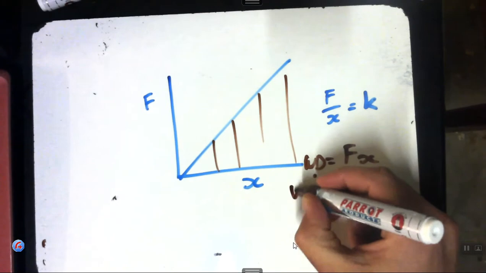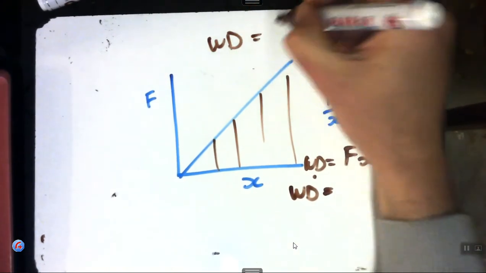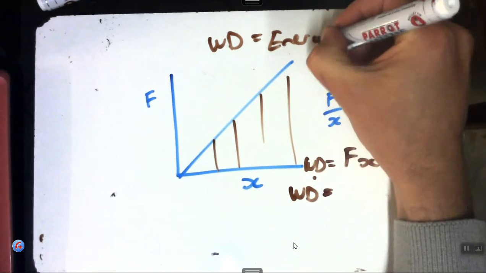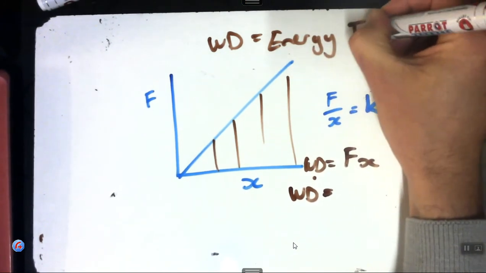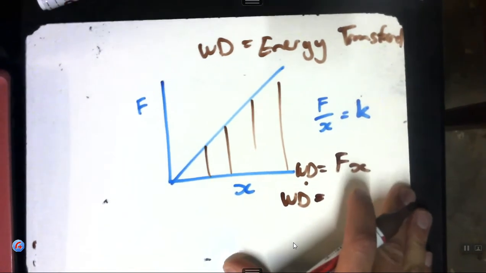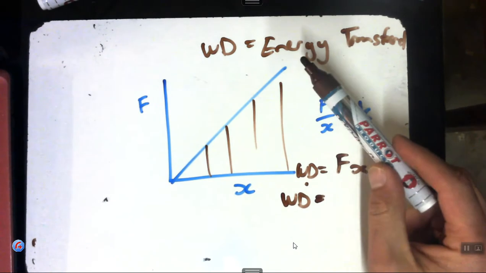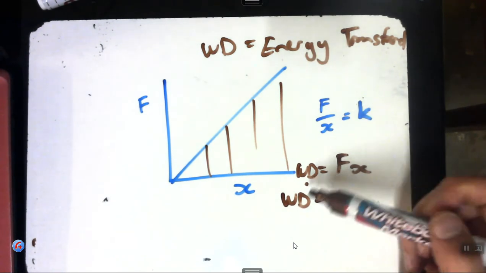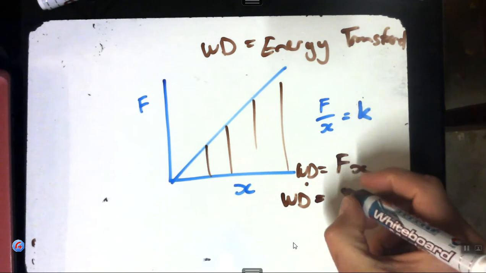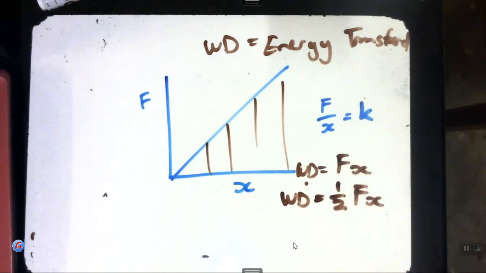So to calculate the work done, remember, work done is equal to energy transferred. To calculate this energy, we're going to look at the work done, and that is when we calculate the area under the graph, which is half force times the extension.